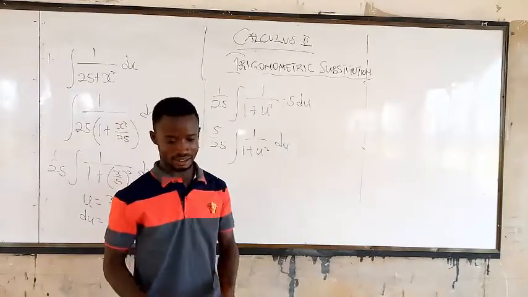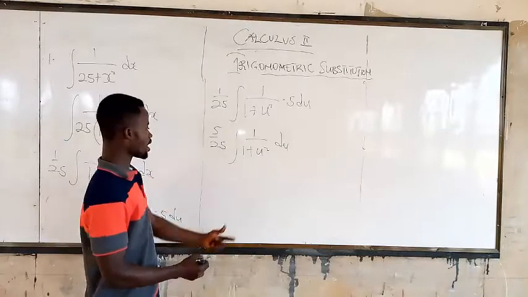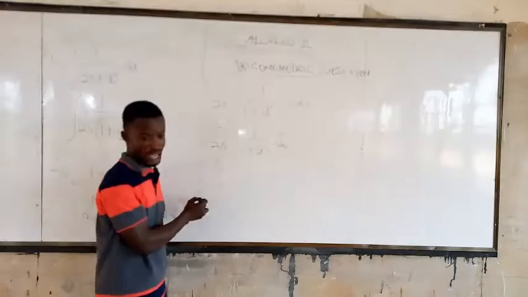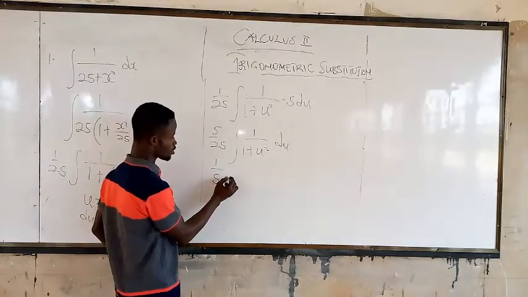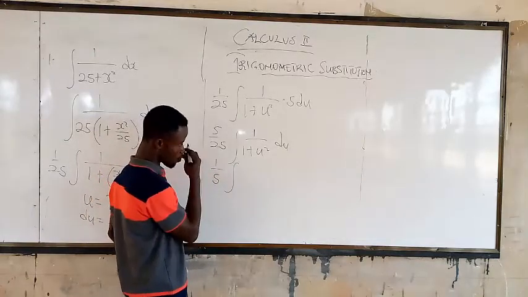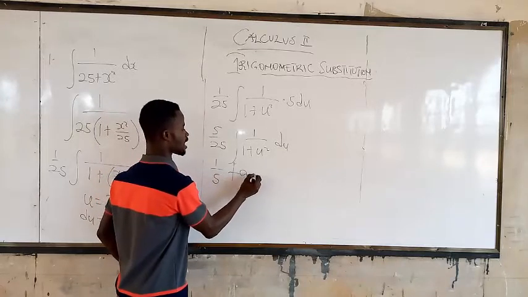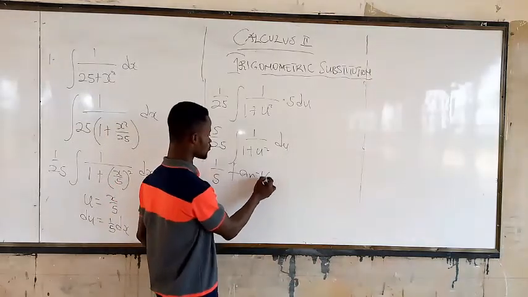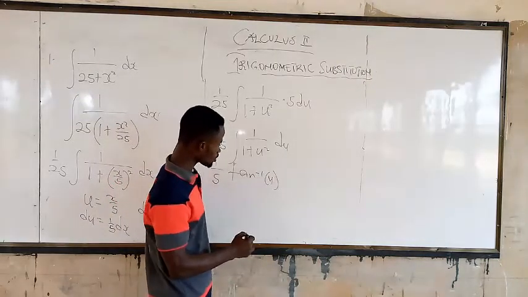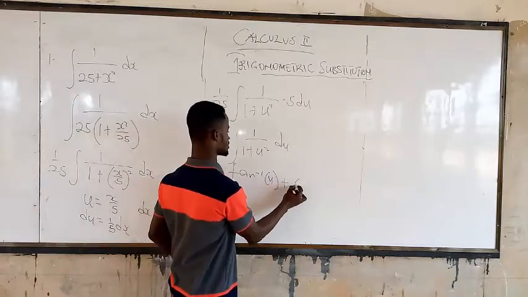And you know that this is just going to give you tan inverse. Alright, so here we get 1 over 5 integral of, when you integrate this, you get tan inverse of u plus c.